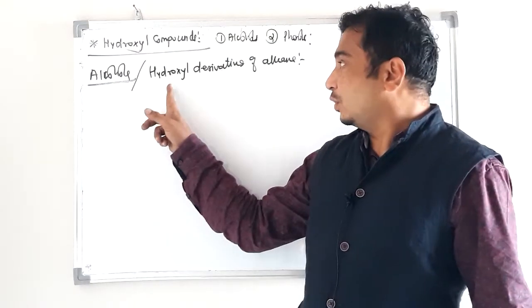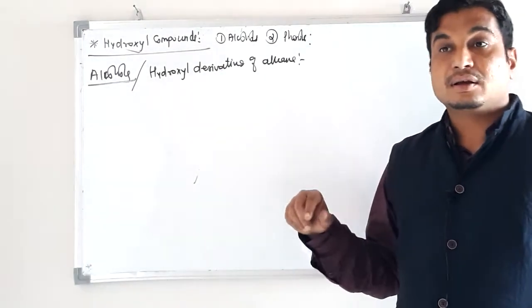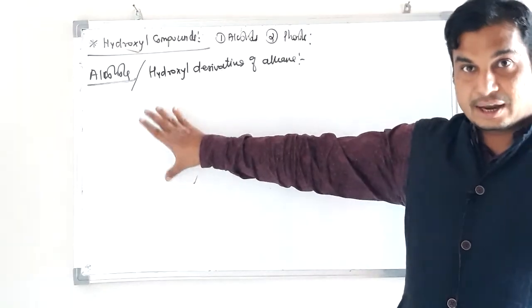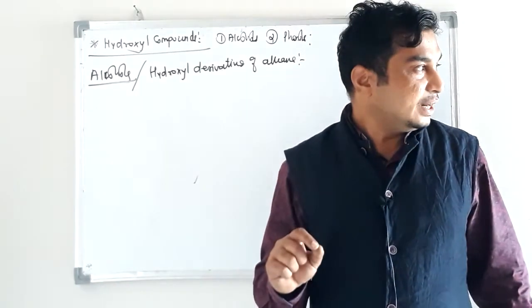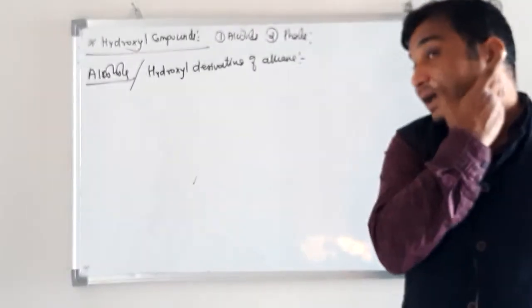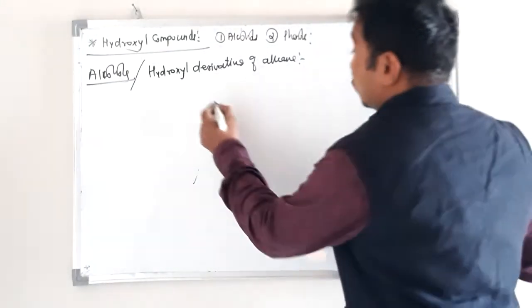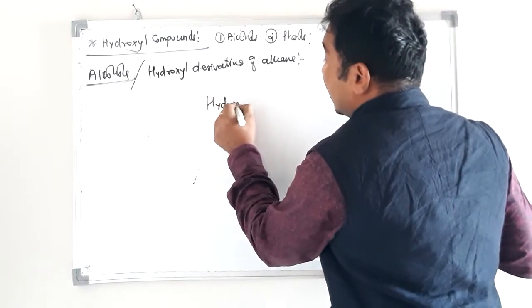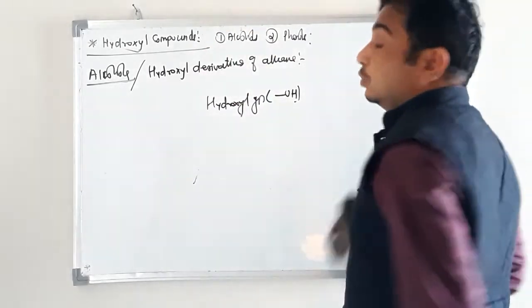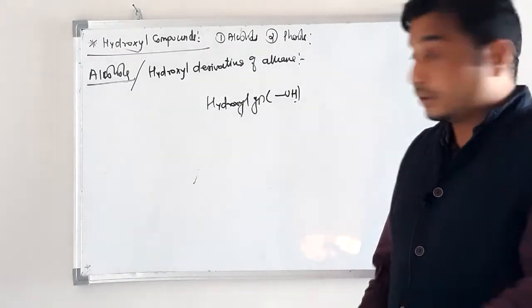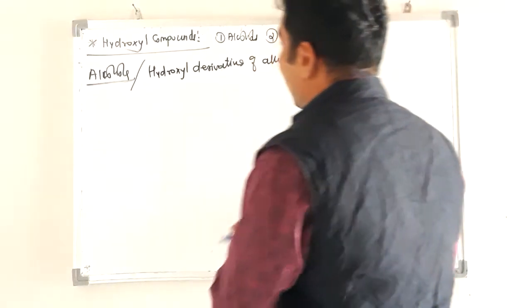How is a hydroxyl derivative of alkane obtained? We consider an alkane, and from that alkane we replace one or more hydrogen atoms from different carbon atoms by the same number of hydroxyl groups. That is known as alcohols. So what is alcohol?